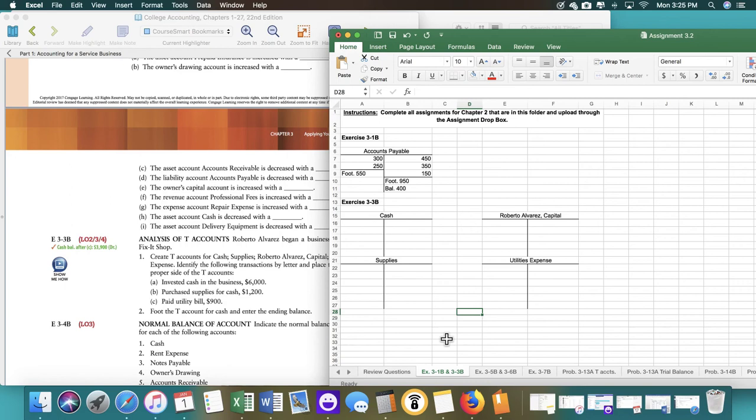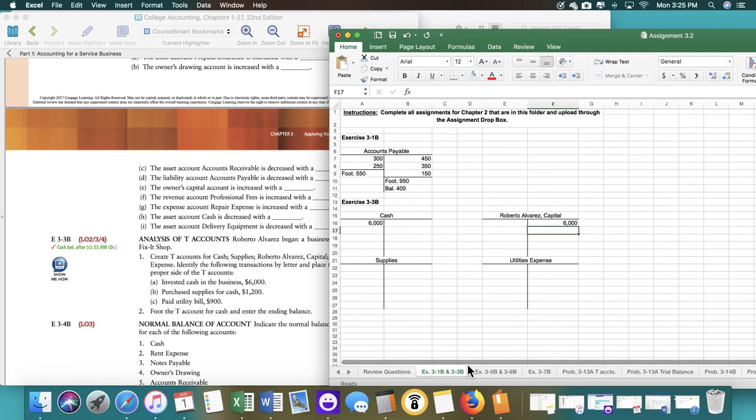So we invested cash in the business of $6,000. Cash is an asset, so it is increased with a debit balance. So we're going to put $6,000. And then the other account we would use is capital. Since that is an owner's equity account, it is increased with a credit. So we're going to put $6,000 over there.